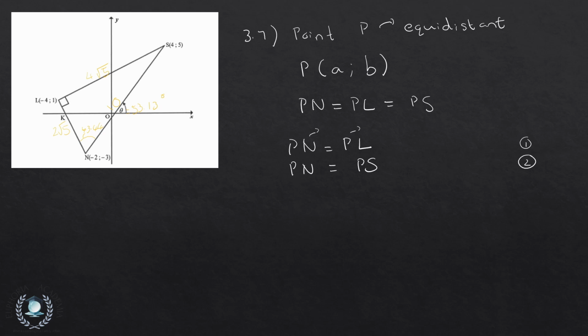You're going to have square roots on both sides. So I'm going to write (b plus 3) squared, which will be added to (a plus 2), which will also be squared, and that will be equal to, almost forgot the brackets, (b minus 1) squared, plus (a plus 4), all of that squared.